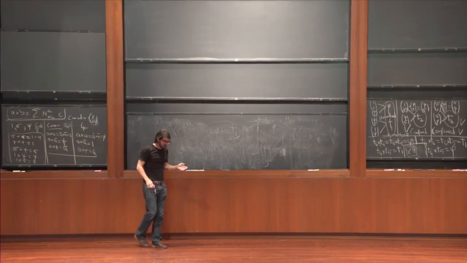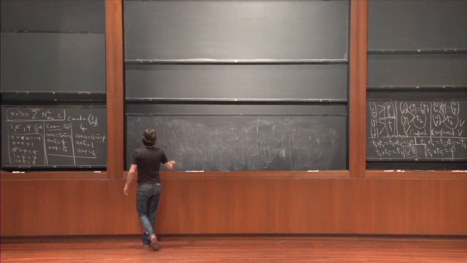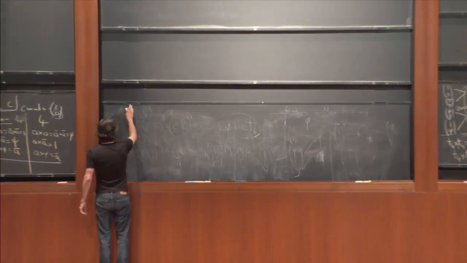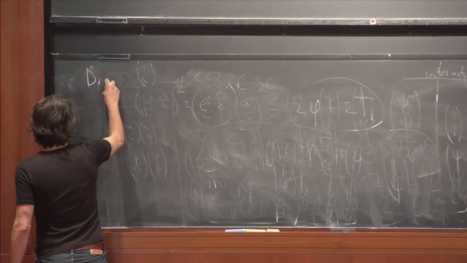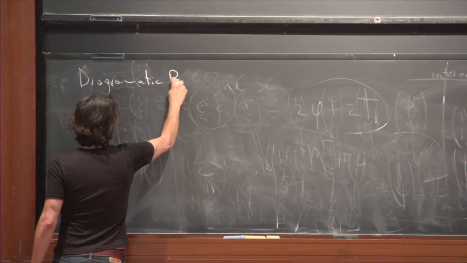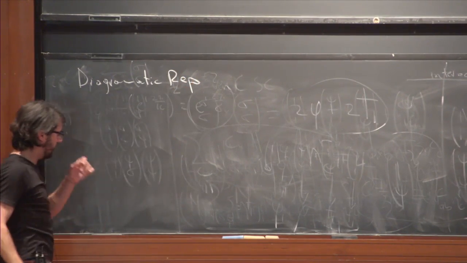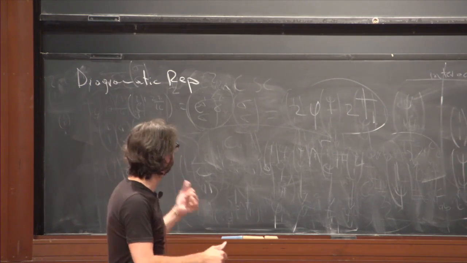Okay, so to do this, I'm going to need to go a little bit fast. So what we're going to do is use this pictorial, or diagrammatic, representation of braiding processes that happen in these theories, okay?